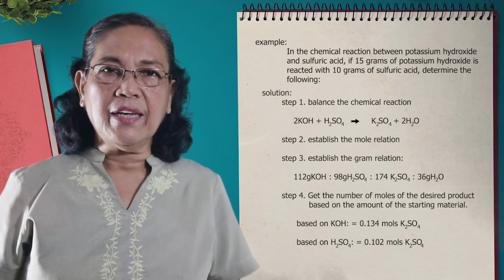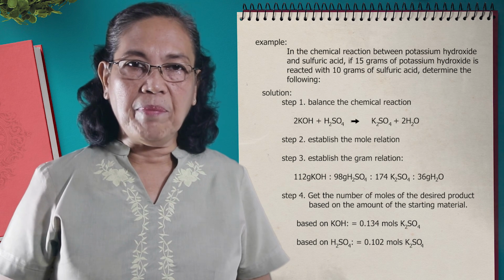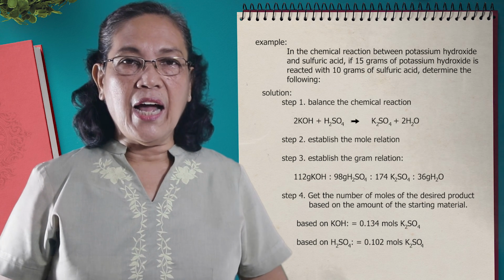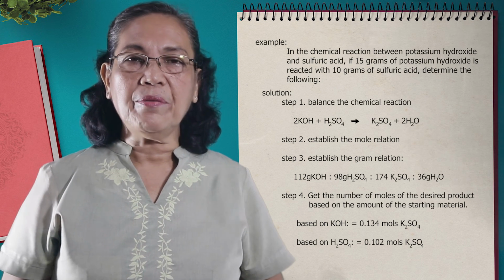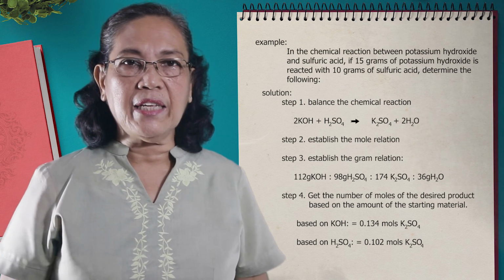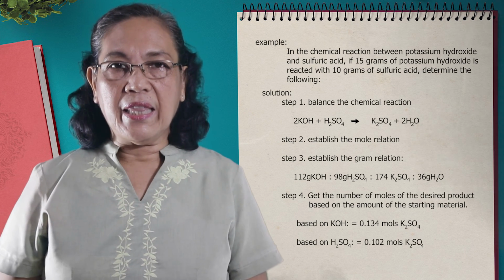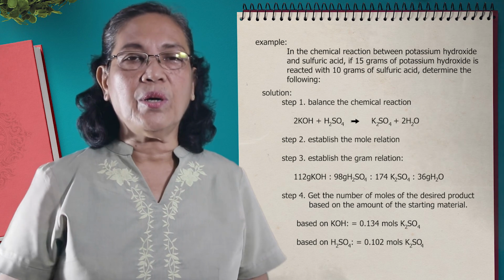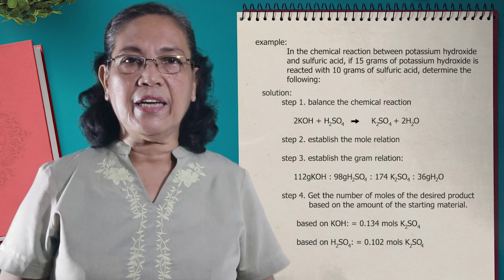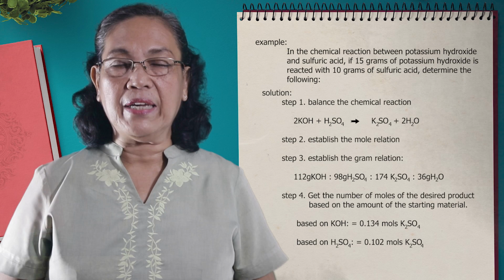So substituting the atomic mass of potassium, which is 39, you multiply that by 2. Then add the atomic mass of sulfur, which is 32, plus 4 times 16, that makes up 64, that of the oxygen. Then the number of grams of potassium sulfate is 174 grams potassium sulfate.